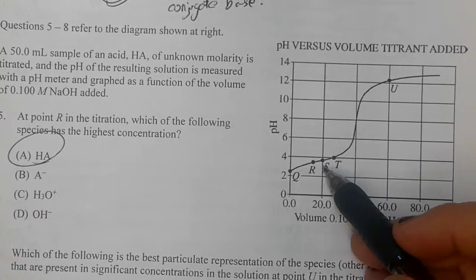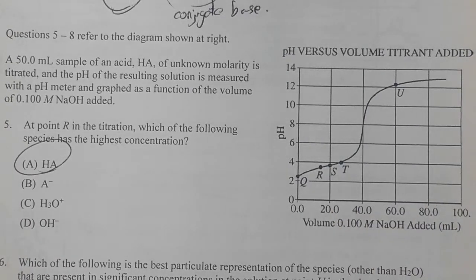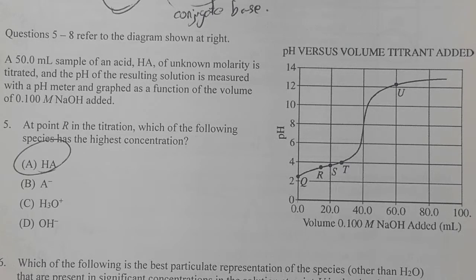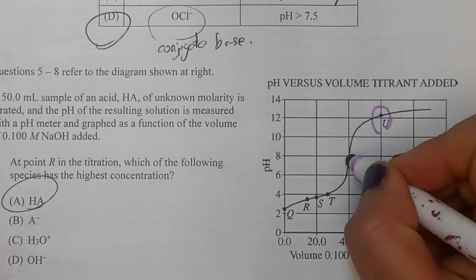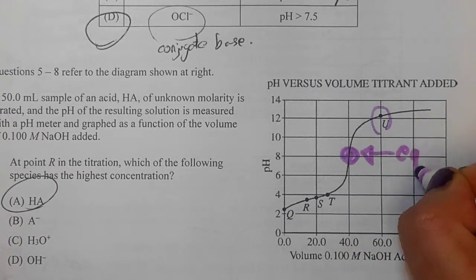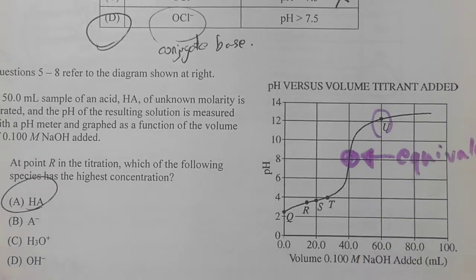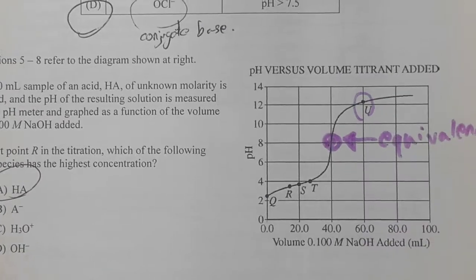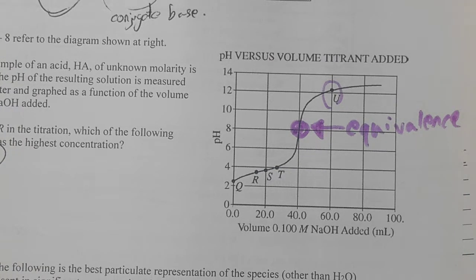So take a look at point R. First of all, let's talk about the main points in there. Where is my equivalence point? It's up here, right? Oh, no, not here. Sorry, here. Sorry, wrong point. Yeah, the equivalence point is right there, not labeled this, right? Now, where is my other important point?